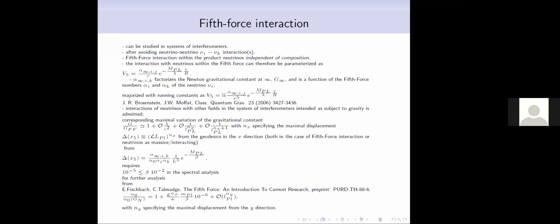And for this, it is necessary to look for displacements in at least two directions.